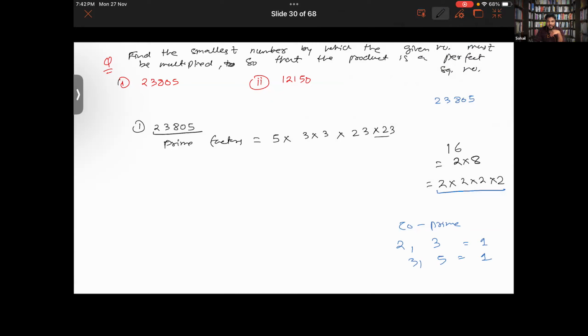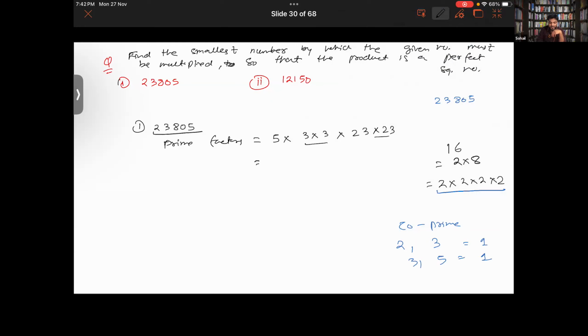So that is the prime factorization, to represent a number in the form of prime numbers. So it is 5 into 3 into 3 into 23 into 23. हम क्योंकि squares के बारे में पढ़ रहे हैं, we need to find whether a number is a perfect square or not.